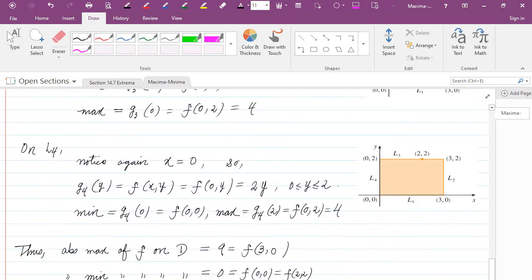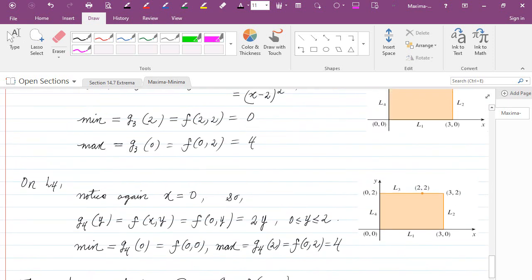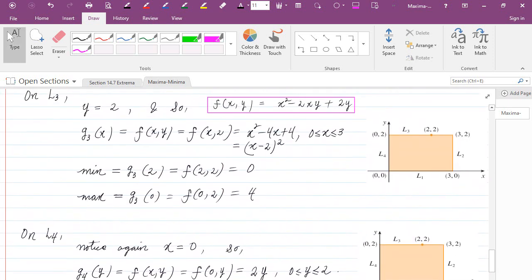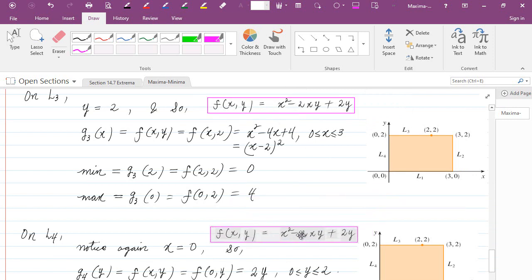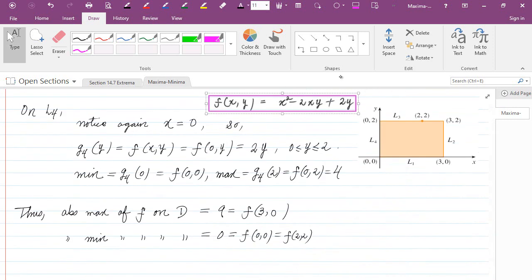And then on L4, let me bring down the function here. On L4, notice that x is always 0, so the function f of x, y reduces to f of 0, y, and f of 0, y would be simply 2y.